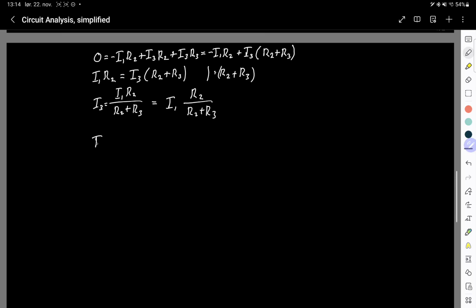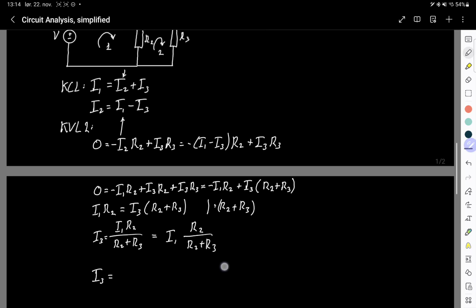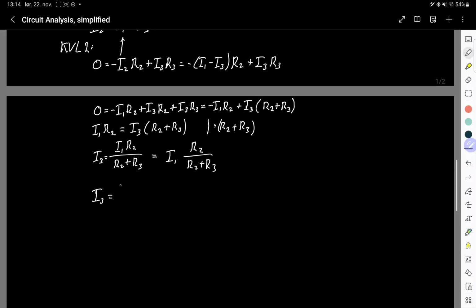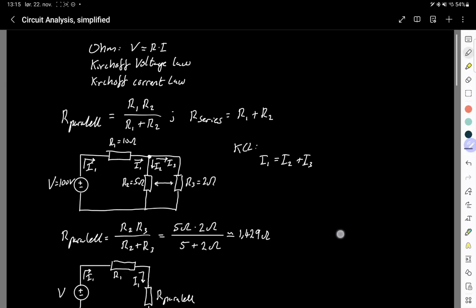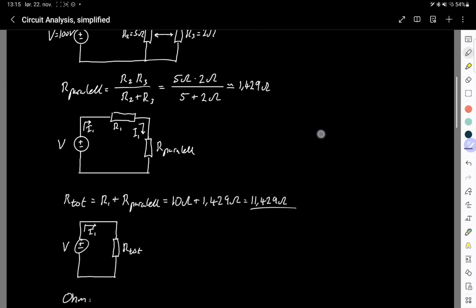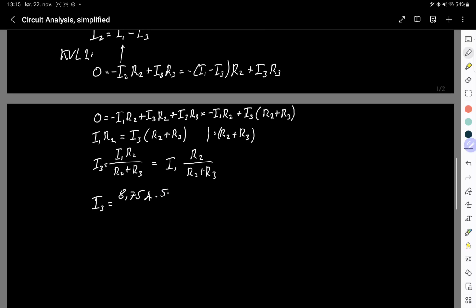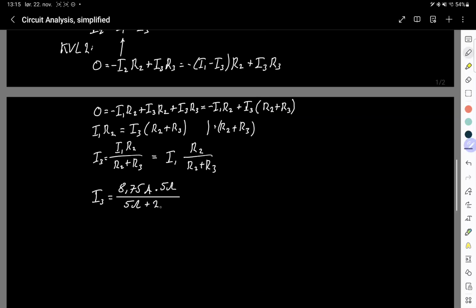Now, let's solve for I3. It will equal I1, which was, let's go up and see, 8.75. Remember that these are approximate values. Times R2, and R2 was 5, divided by 5 ohm plus the last one, which was 2, I think.